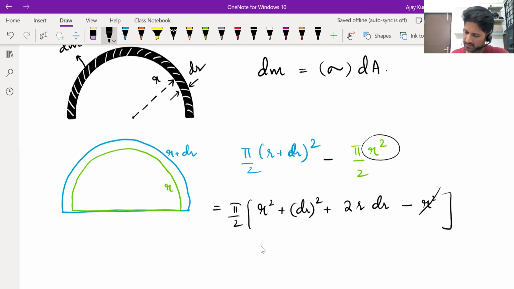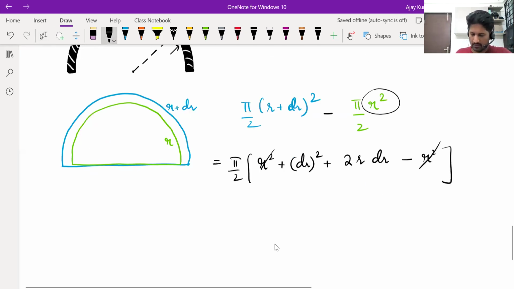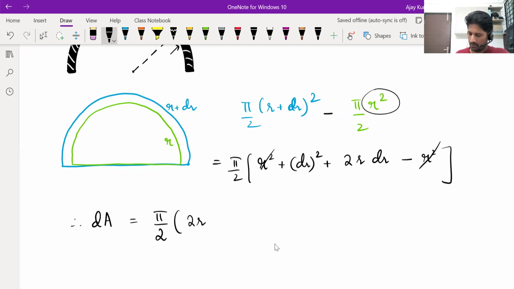So the r square part gets cancelled. Look at what you are left with. The shaded area, which we are trying to express in terms of dr, turns out to be pi by 2 into 2r dr plus dr whole square.